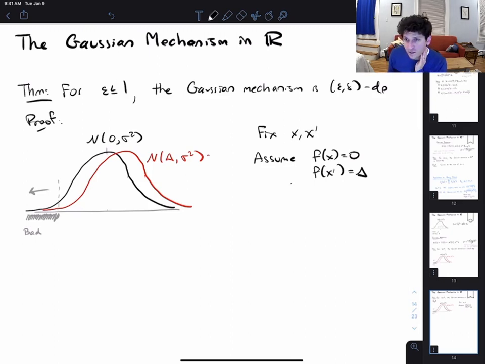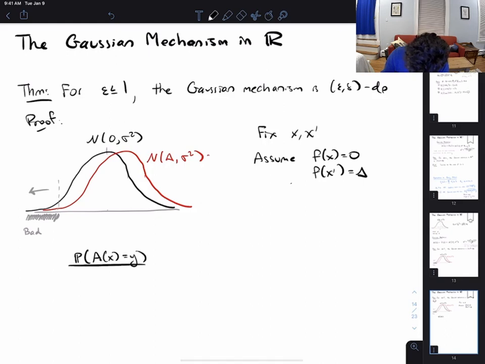So now we'd like to understand the bad set. So let's look at the ratio: the probability that the mechanism equals y over the probability that the mechanism equals y on x prime.